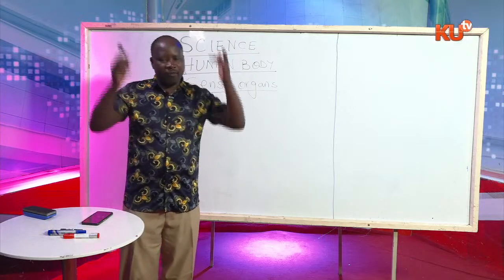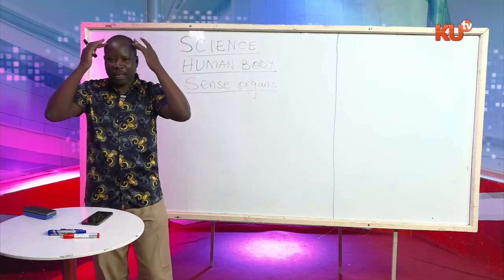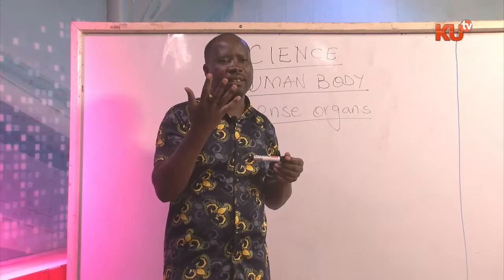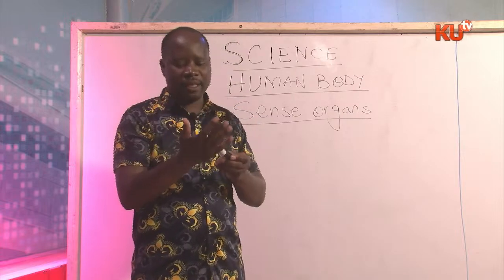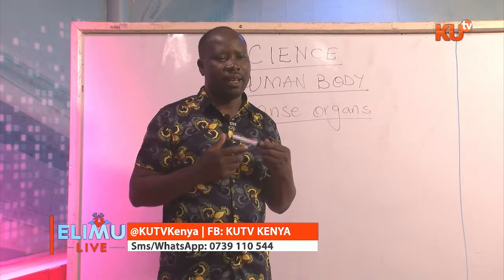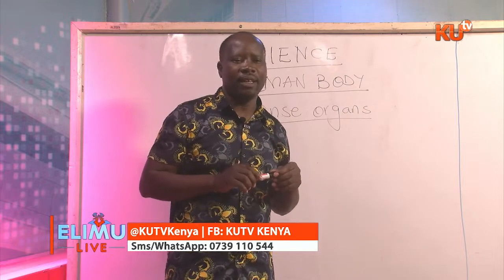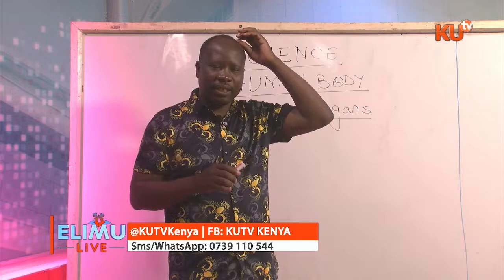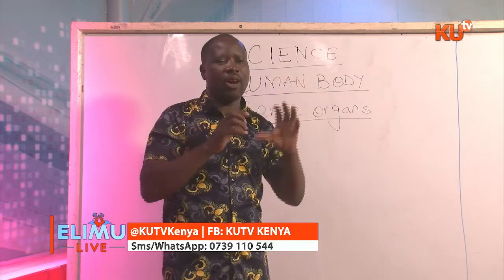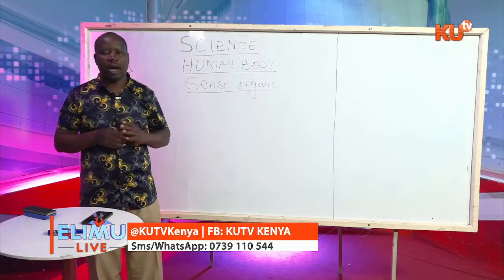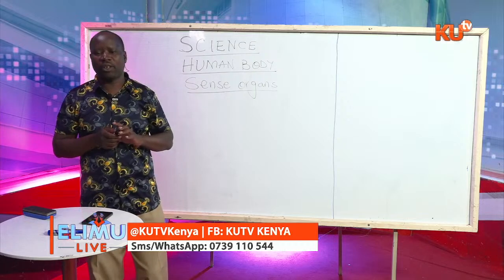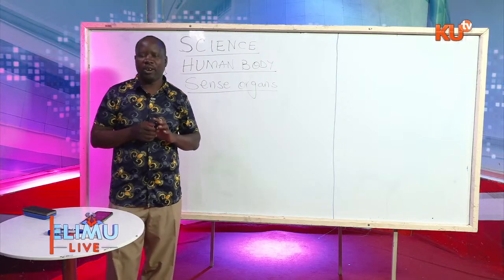We have different parts of our body. For example, we have the head. Like you can see, my head is part of my body. My fingers, my hand, my arm, my chest. I have my leg. I have hair on my head. I have my ears. I have my nose. Now, which ones out of all these parts make what we call sense organs?